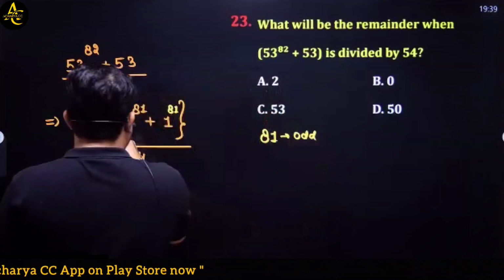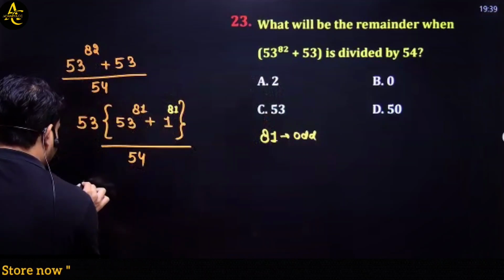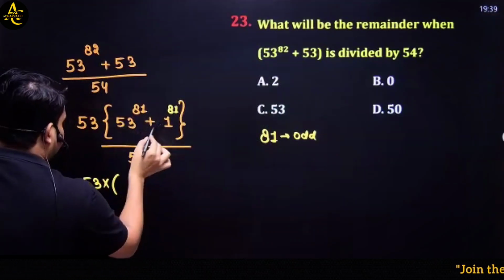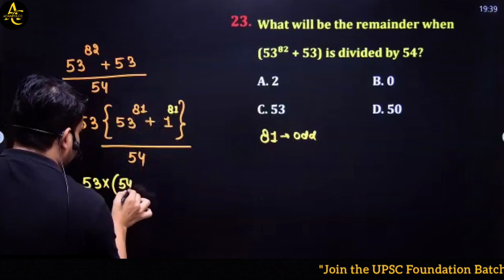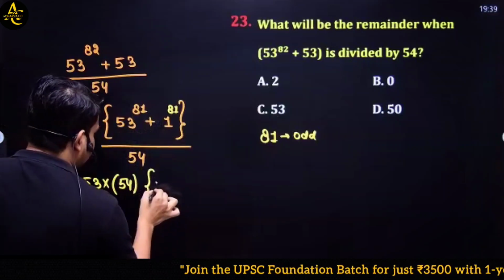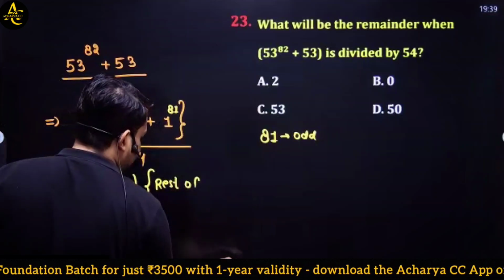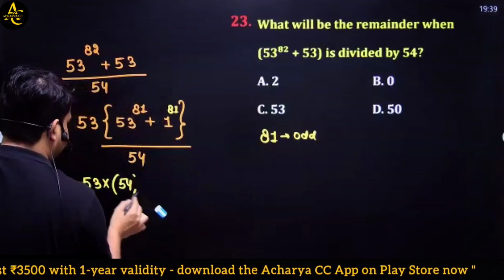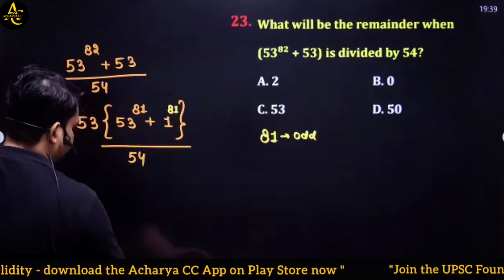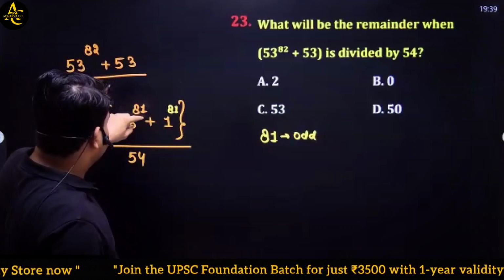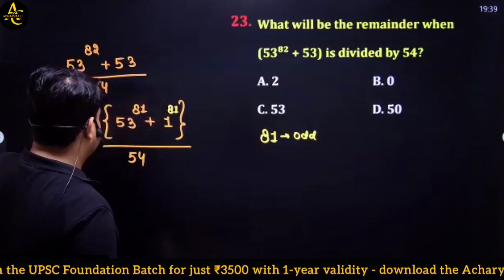So this number has a factor, that is 53 plus 1, 54, into the rest of the number. We will do it directly. We have 53 common: 53 to the power 81 plus 1 to the power 81.